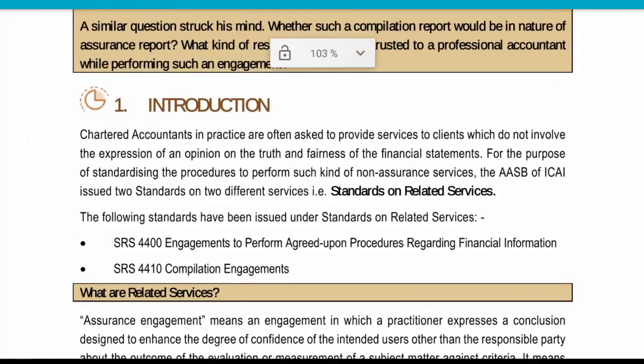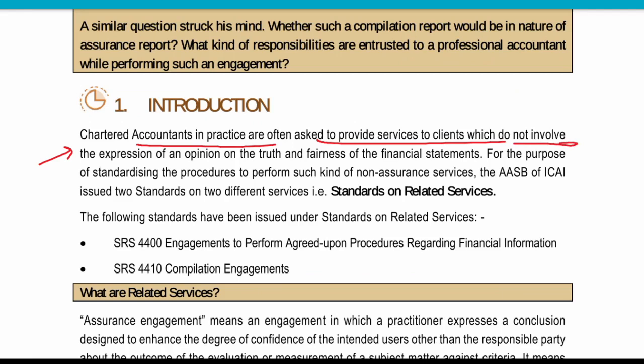Okay. So first of all, a little bit of introduction. A CA in practice often provides services to its client which do not include expression of opinion on truthfulness or fairness of a financial statement, that is related to auditing.